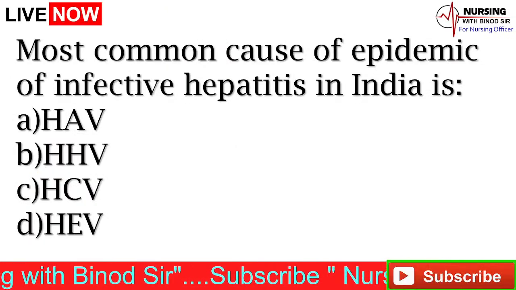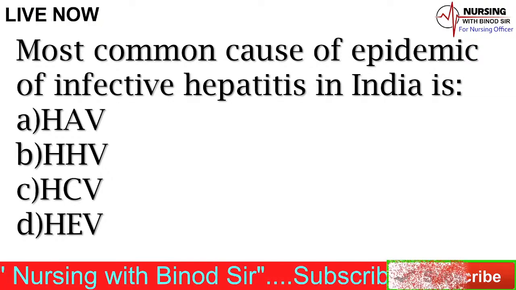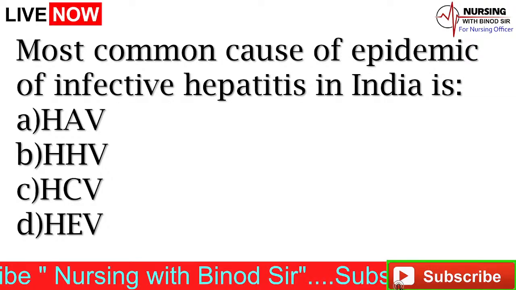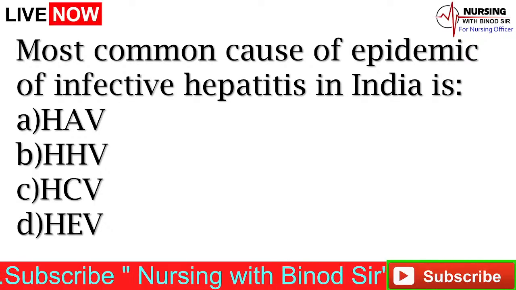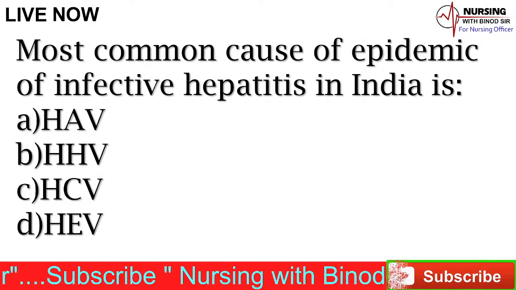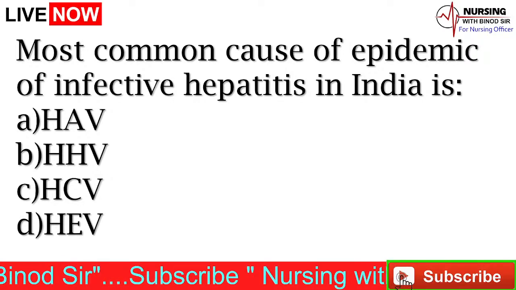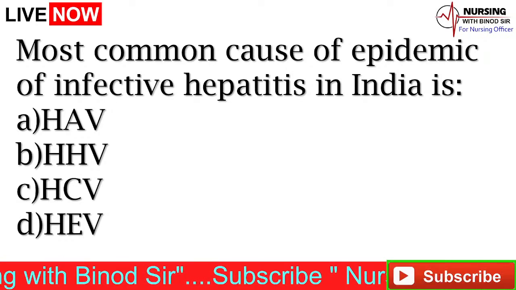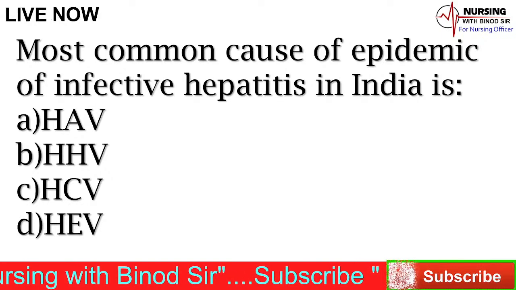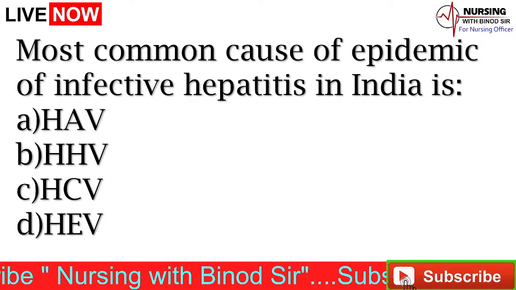Most common cause of epidemic of infective hepatitis in India is: HIV, hepatitis A virus, HBV, HCV. Another is the HIV virus. Which hepatitis is known as infective hepatitis? Put your right answer in the chat box.